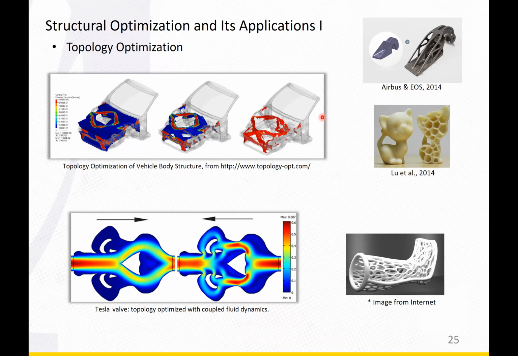So basically, these are all applications of topology optimization, and you can see some structural topology optimization, like this one and this one. But some others consider not just the structure, but things like fluid dynamics or thermal effects.